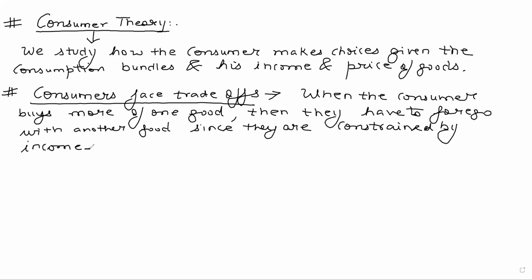Obviously, with fixed income, if the consumer decides to buy more of one good, that consumer will have to sacrifice or forgo another good. Were your income unlimited, you could have had an excess of both the goods. So here comes a very important concept in consumer theory, which is called the budget constraint.